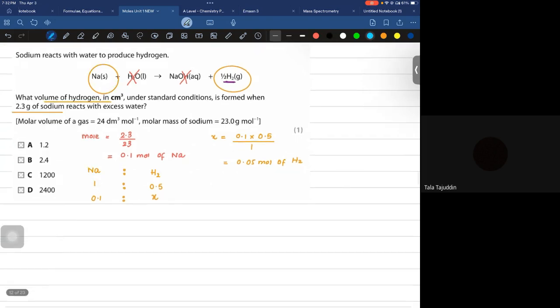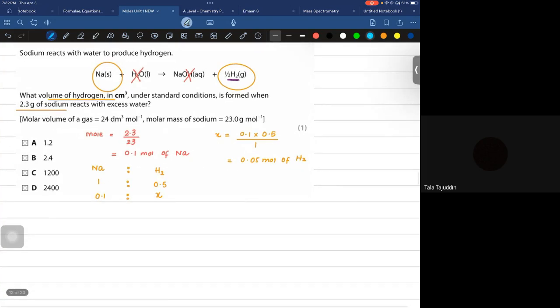Then I have to calculate the volume, but in cm cube. So I would be applying the formula, that is volume is equal to mole multiplied by 24,000 centimeter cube. Of course, the moles are 0.05 and the molar volume is this.